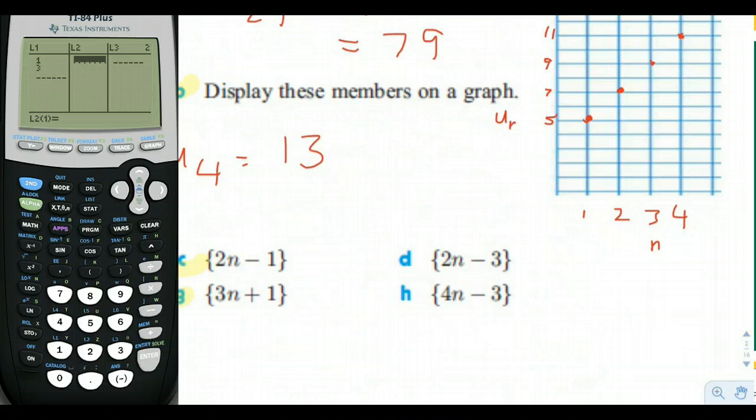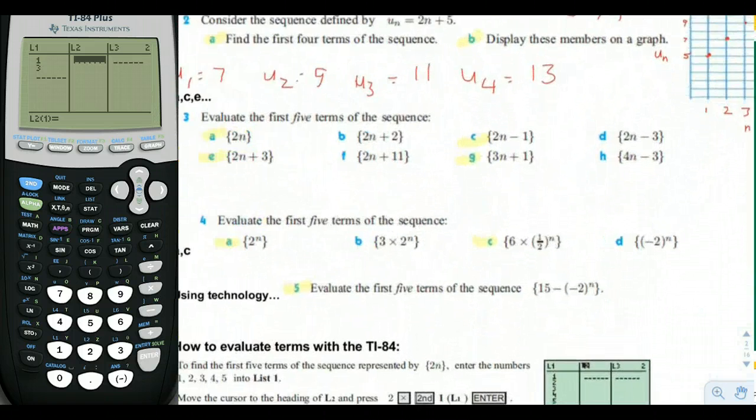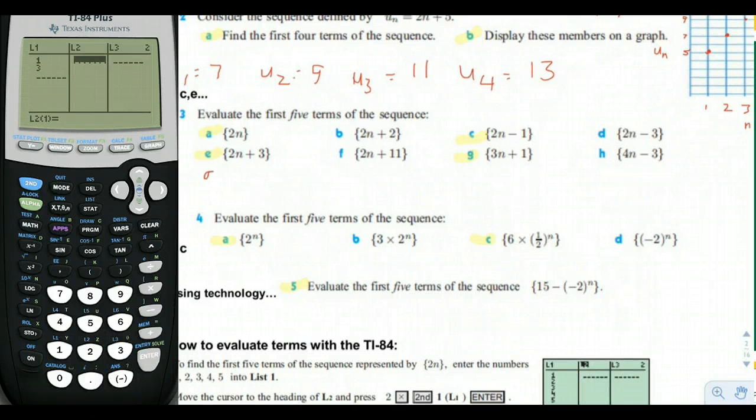Okay? Evaluate the first 5 terms of the sequence. So for 2n, n equals 1 would give you 2, n equals 2 would give you 4, and then we can kind of see the pattern, right? And then C would be 1, 3, 5, 7, 9, you see?